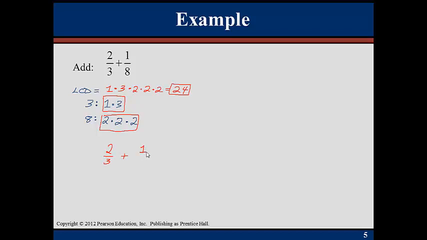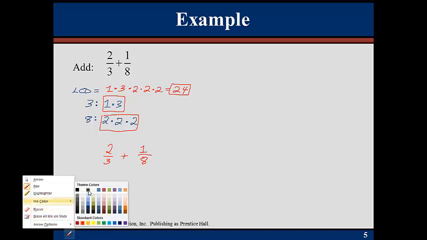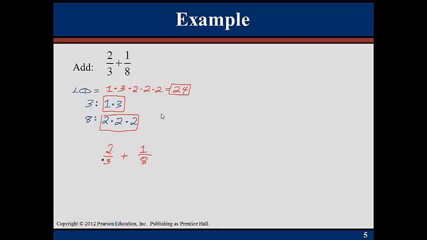Now step 2 says that we need our denominators to become the LCD. So what can we multiply 3 by in order to make it into 24? And it would be 8, which means we're also going to multiply the top number by 8. What can we multiply 8 by so it becomes 24? It will be 3, which means we also multiply the top number by 3.